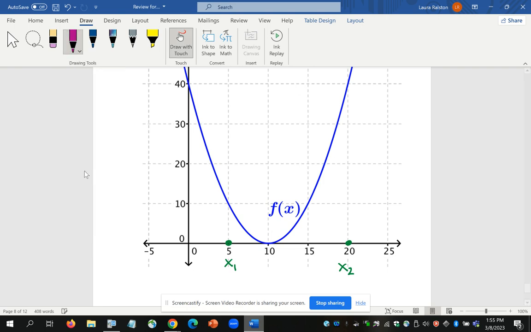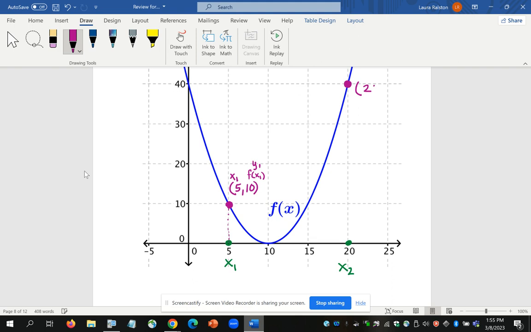So at 5, this ordered pair is 5, comma 10. So this is my x1 and then my f of x1, which is like saying y1. And then at 20, I'm way up here at 40.